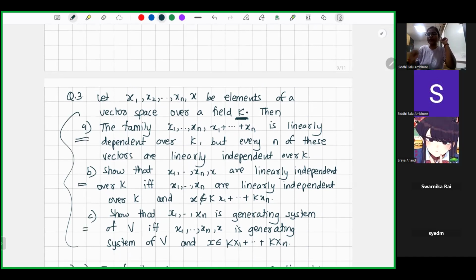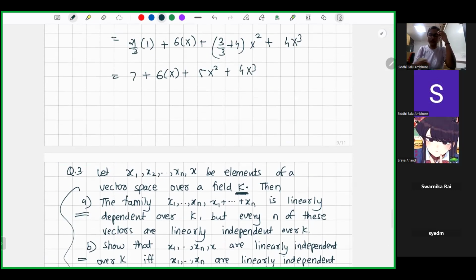And if you notice in the notes, they say that K is any field, and that if they write this bold kind of K, then it is either R or C.